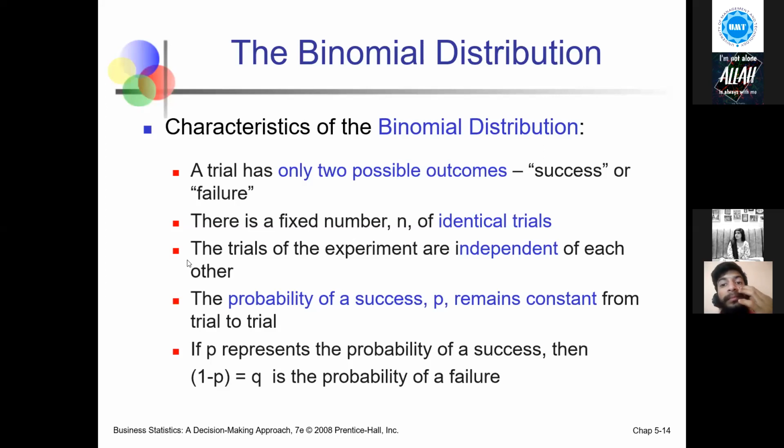The last simplest concept is that P is the probability of success, and the opposite of P is Q, small q. So small q is known as the probability of failure.